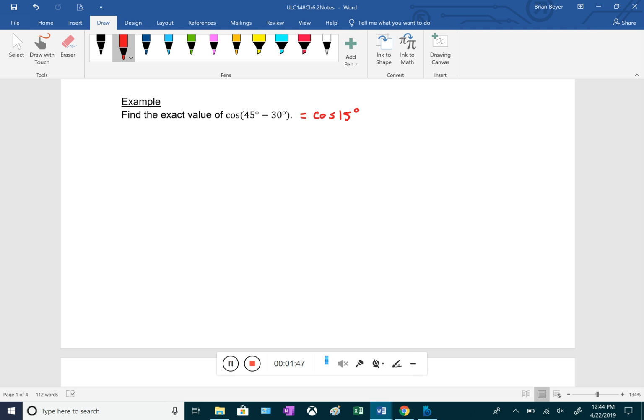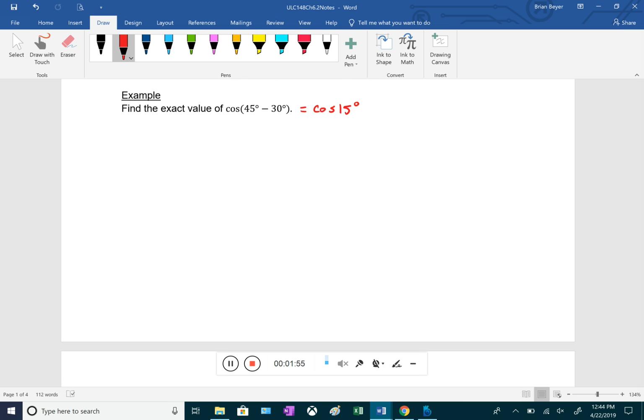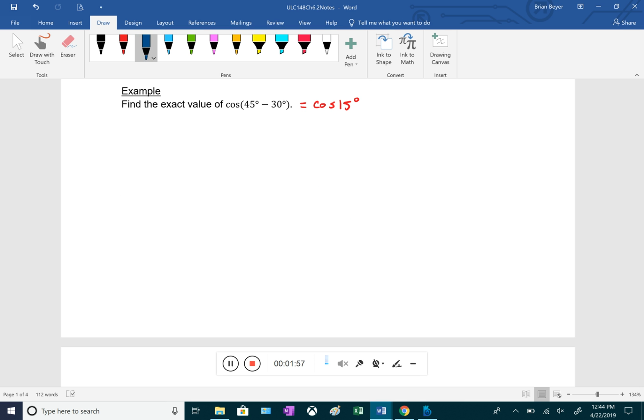So we're going to be using the one for cosine of a minus b, because it's 45 minus 30. Writing down this formula, it's cosine a cosine b minus sine a times sine b, and we just have to identify what a and b are.